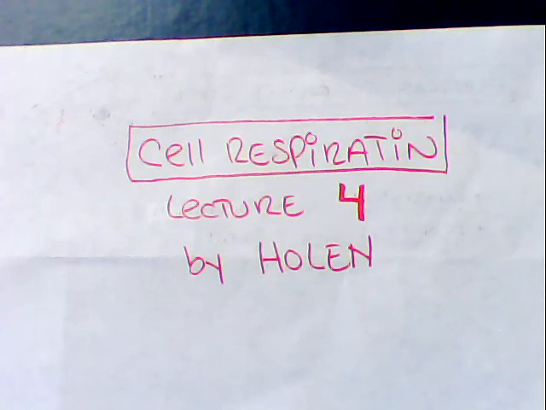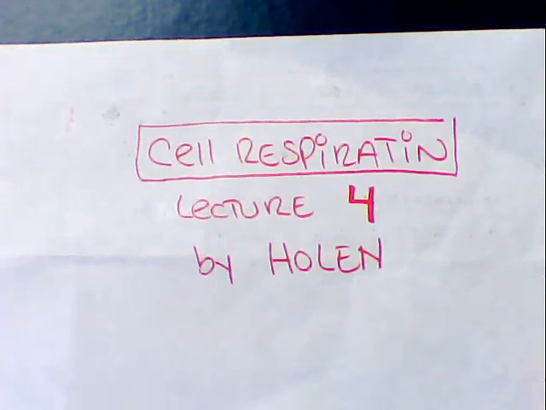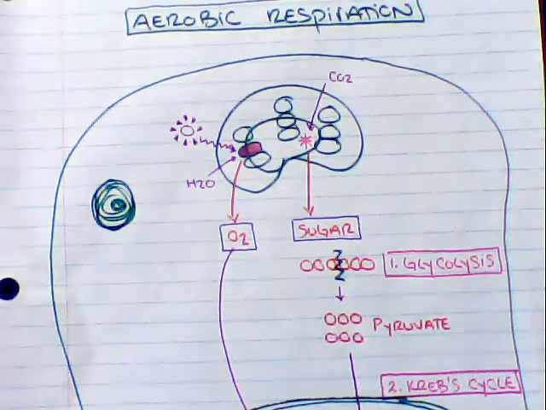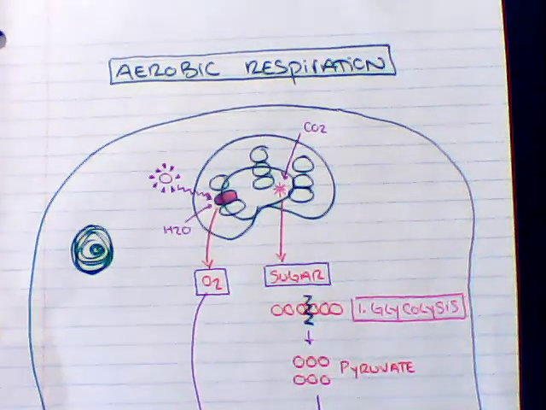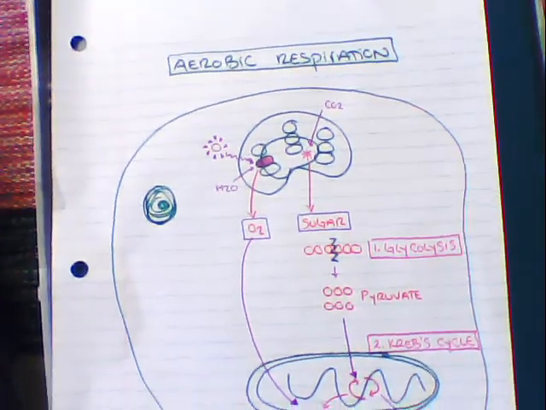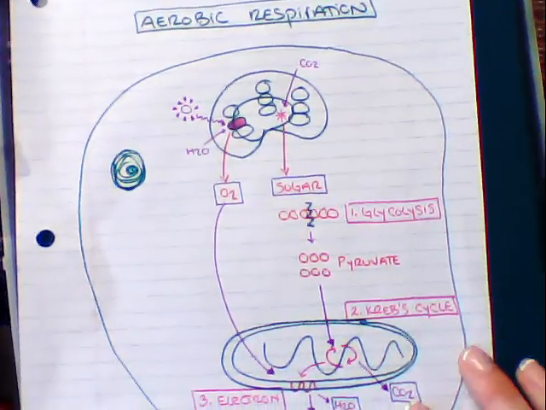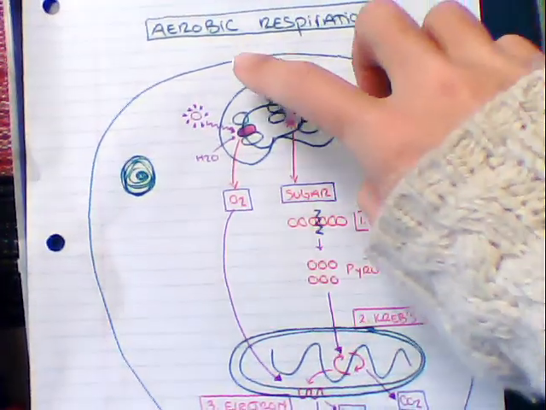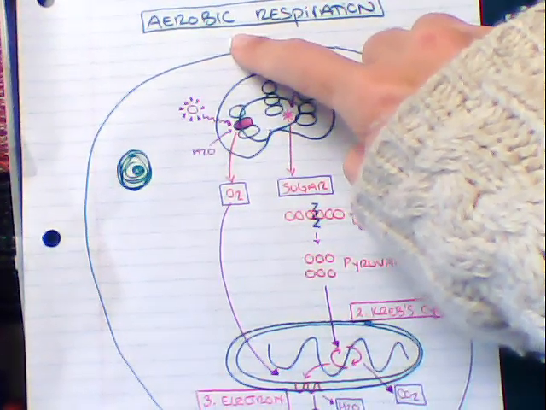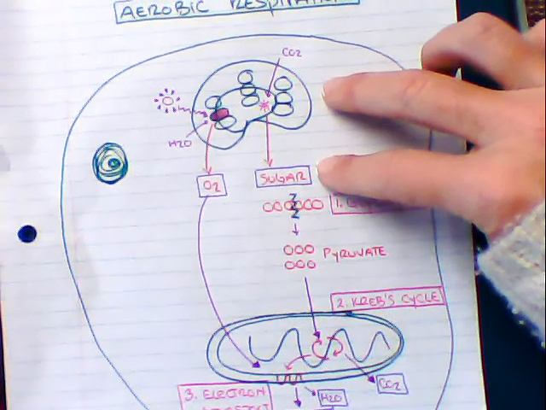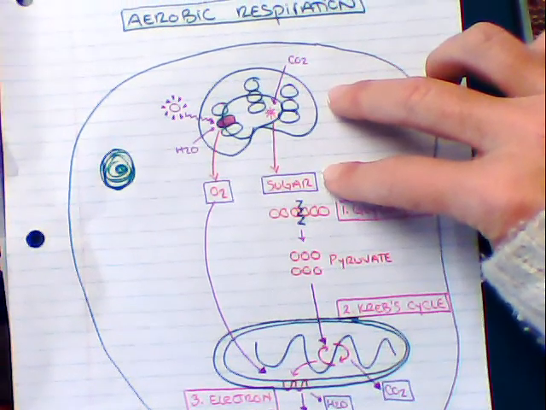I believe this is our final lecture on cell respiration, so it's lecture part 4. Let's go ahead and do a quick review before we get started. Again, I want to go over your entire process of aerobic respiration. Remember, aerobic respiration means that we're actually requiring air. Again, we took sugar and oxygen from our chloroplast.